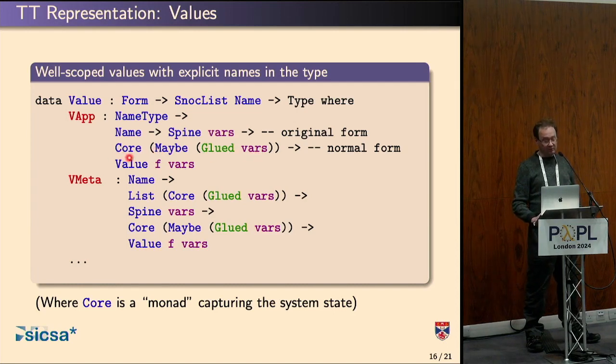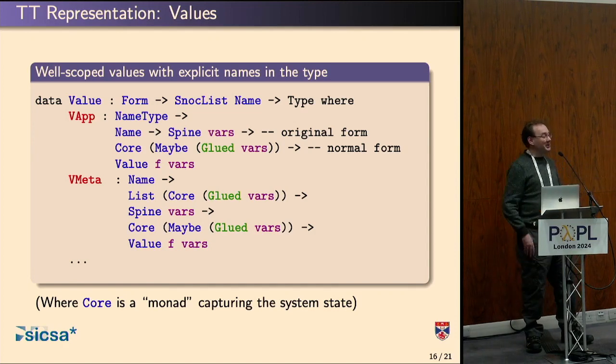This core, by the way, is the giant "monad". I put monad in quotes because for technical reasons, it's not quite, but think of it as a monad. It contains all of the state, all of the meta variables. In fact, all of the things that Simon mentioned. Thank you so much for explaining my talk in your talk. So all of these parts of the type checking monad are inside core.